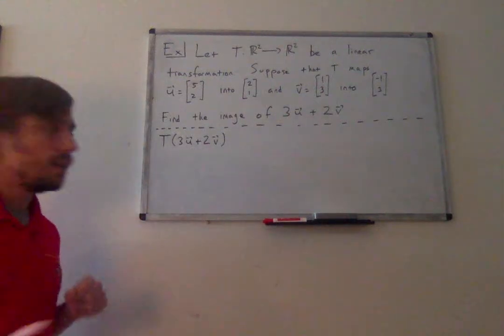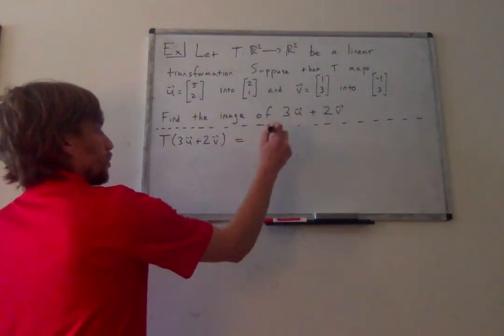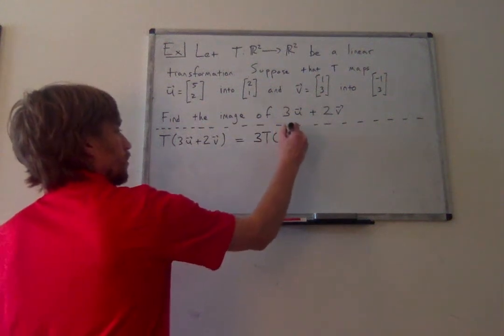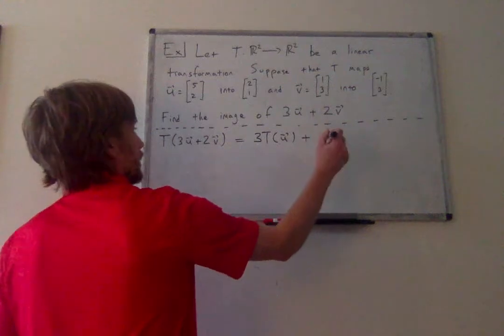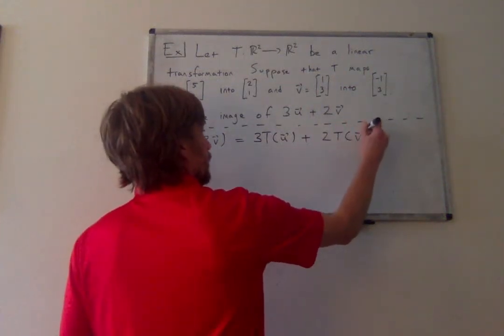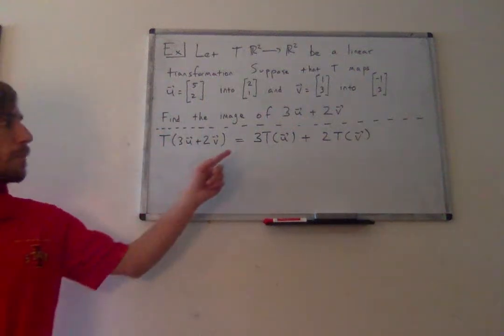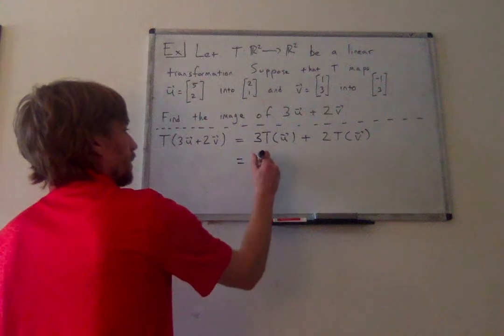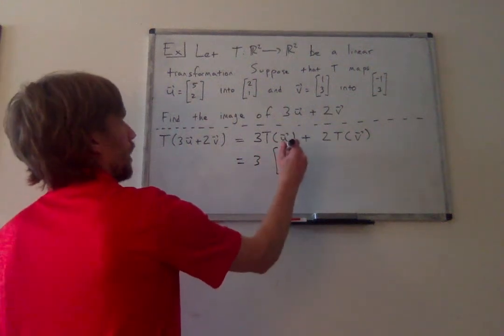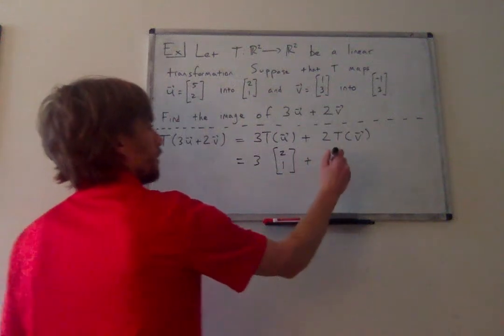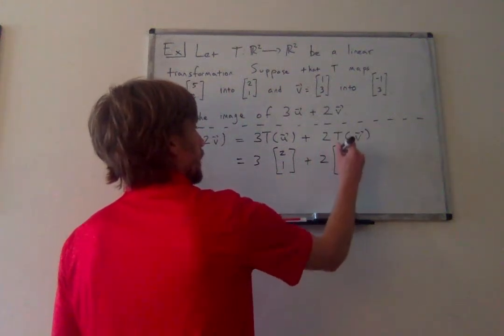So by the rules introduced, notice this is equal to 3 times T of u plus 2 times T of v. And we know T of u and T of v. So this is equal to 3 times (2, 1) plus 2 times (-1, 3).